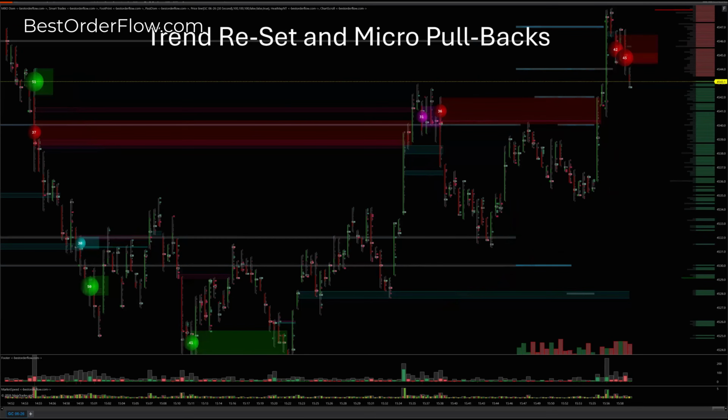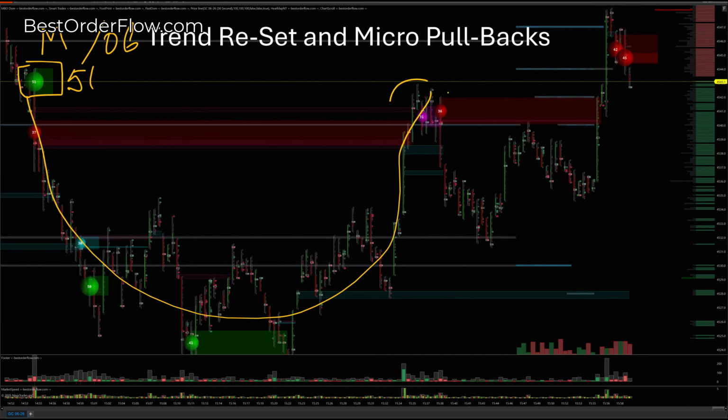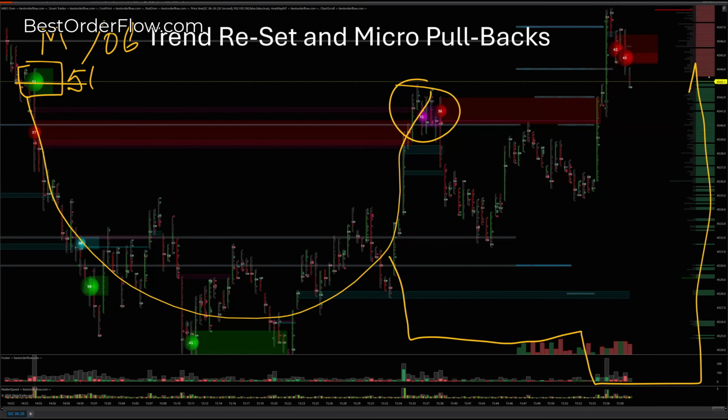on the footprint. Over here, what we're seeing is trapped buyers, right? 51 sitting on them right there. So this is a magnet or objective, and no wonder price came back to that objective or magnet again. But sometimes it can give you a cascading plateau like that and then come back.